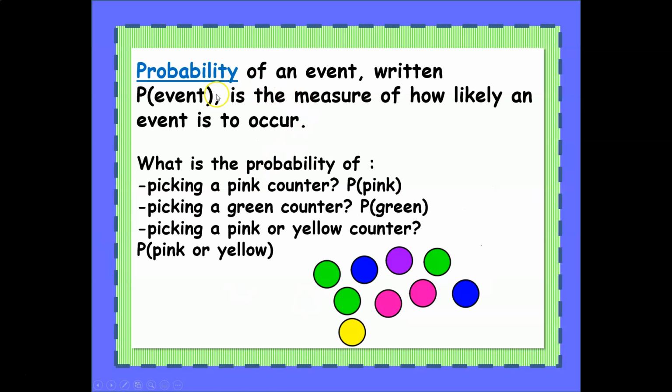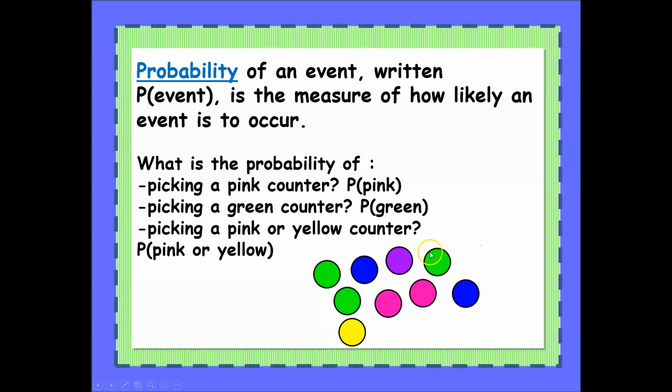So, probability of an event, written P, then you put your event in parentheses, is the measure of how likely an event is to occur. What is the probability of picking a pink counter? So we're going to write our probabilities in fraction form today.